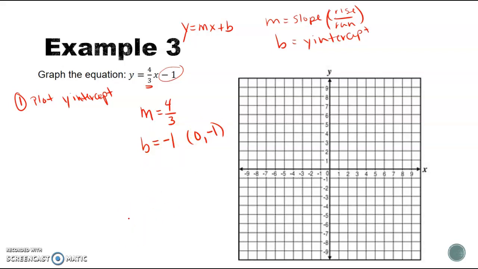And just to use alliteration like I did on the last one, I'm going to begin at B. So plot the y-intercept, or begin at B, however you want to think about it. I'm going to start where y is -1. So here I am at 0, -1, and I'm going to put a point.